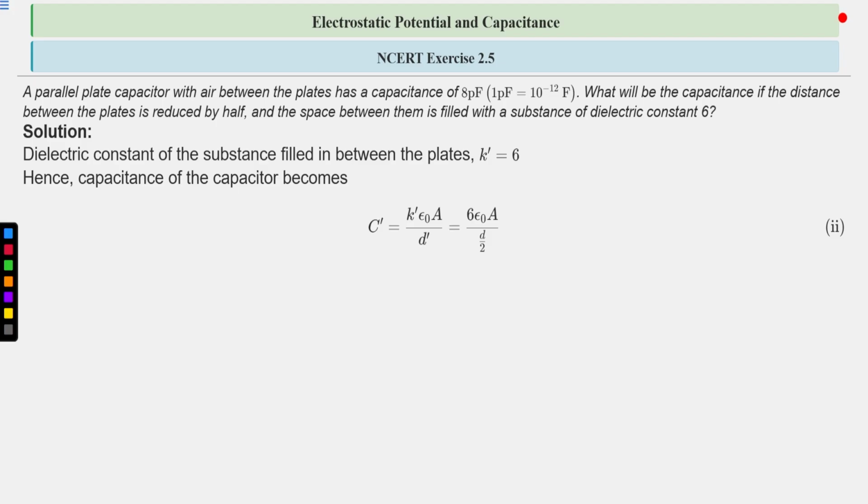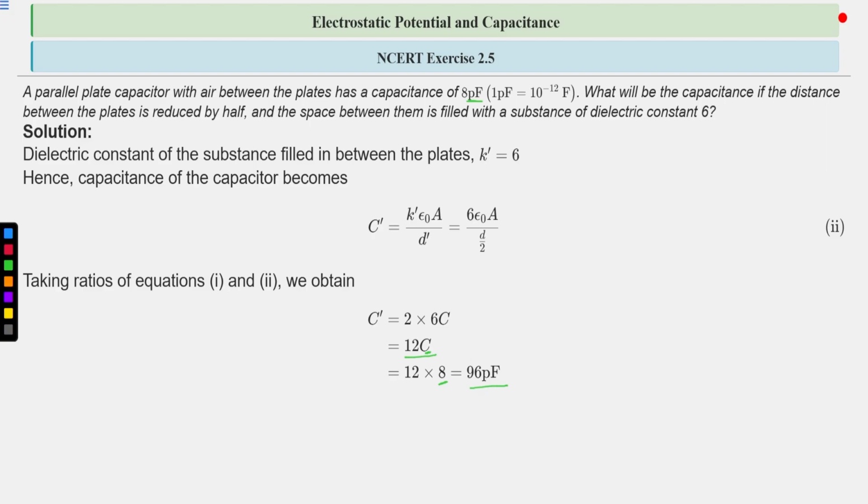Now taking the ratio of equations 1 and 2, we obtain C dash equal to 2 into 6 C, which becomes 12 C. What was the value of C? 8 picofarad initially. So the new capacitance will be 96 picofarad.